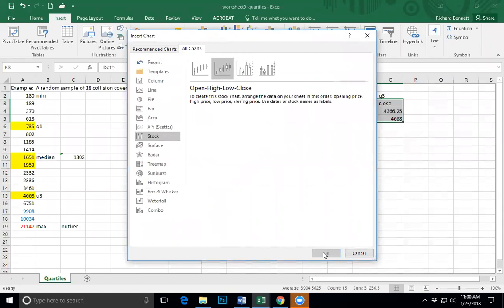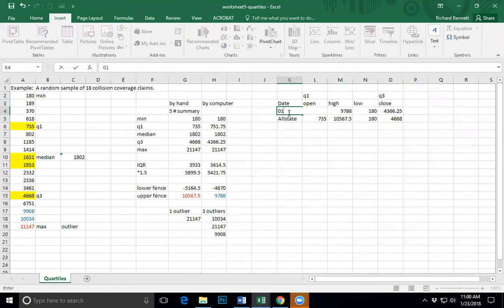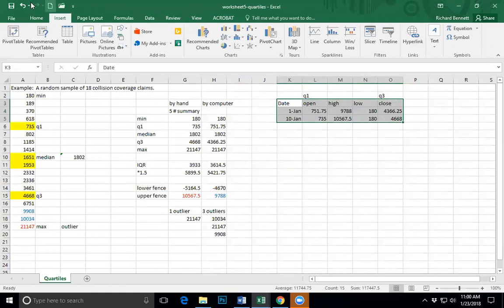Why not? Because those dates are not dates, that says State Farm and Allstate. They have to be dates. Any date, it doesn't matter. Now, if I go January 1st and if I go January 10th, when I do this, it's going to put a big gap in there.